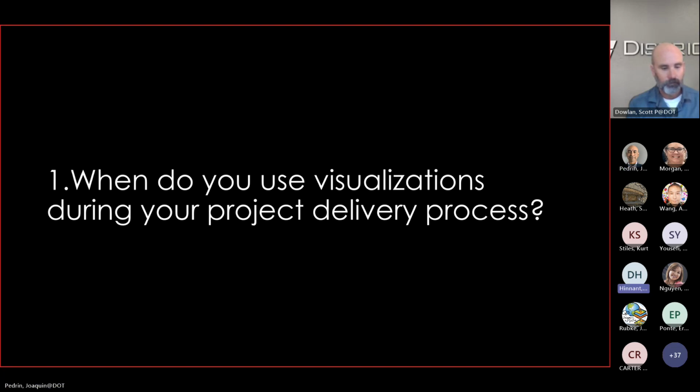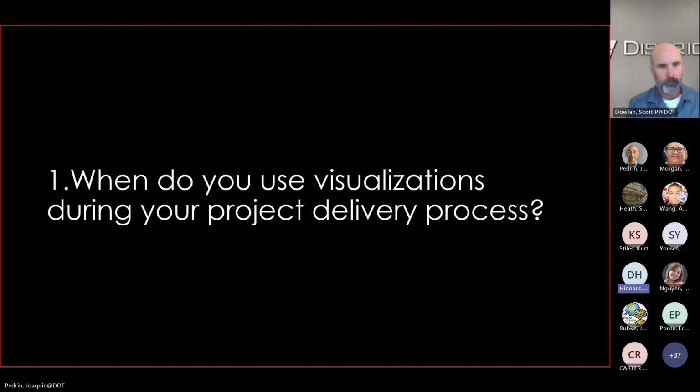Okay. And North Carolina has developed in the last couple of years a project delivery network, they call it. The public involvement plan is supposed to be created in the project initiation phase. That's when you would figure out what kind of visualization you might need and get the ball rolling.